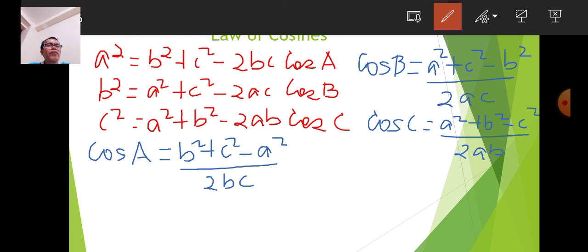So these are the formulas that you are going to use if the law of cosines is applicable.